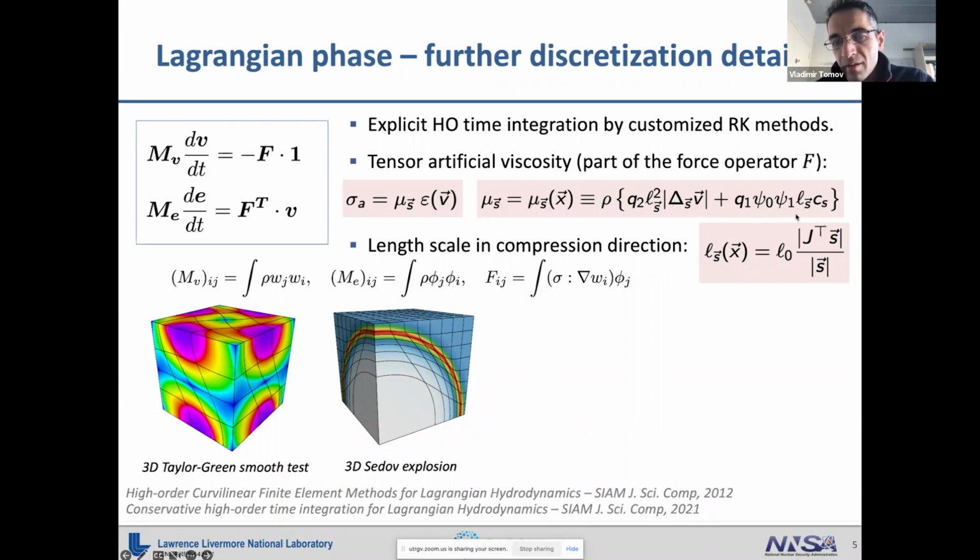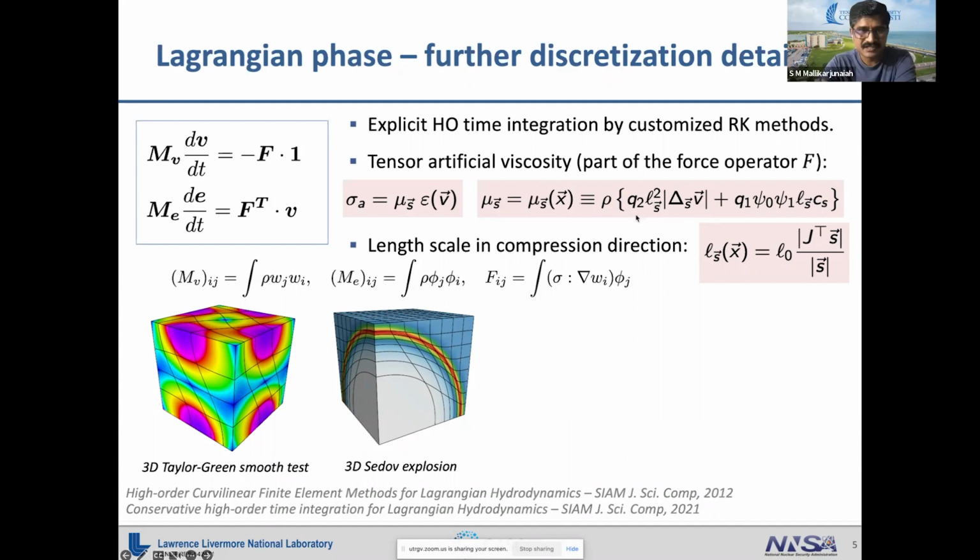The linear term is really the big hammer that diffuses things a lot. When things compress, when the shock comes, this becomes active and it diffuses things. When the shock goes away, we are only left with the second order term, and because it's second order, it goes down quickly for smooth problems.